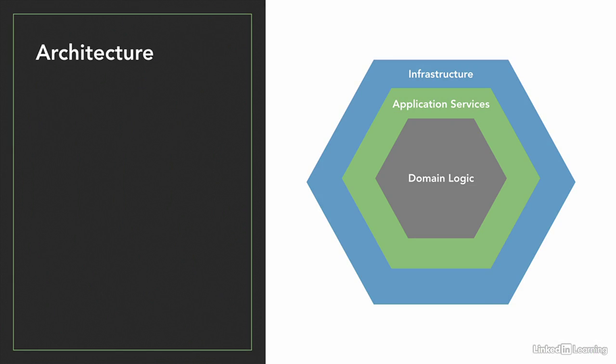DDD's principles and tools can be used along with many different software architectures. For example, the hexagonal architecture or the clean architecture. Both of them are very similar and they propose the same principle, a clean separation of concerns.